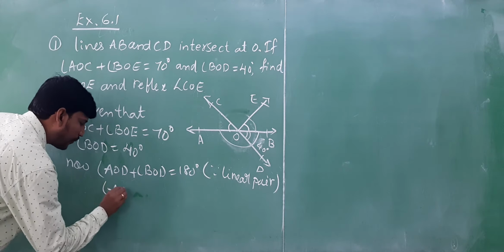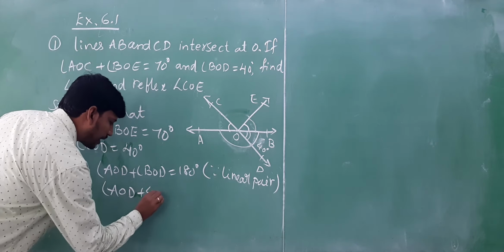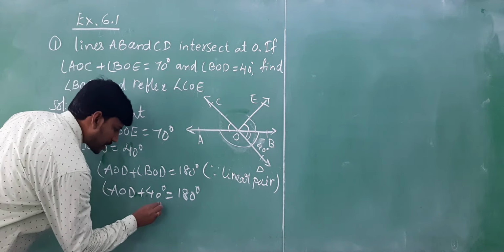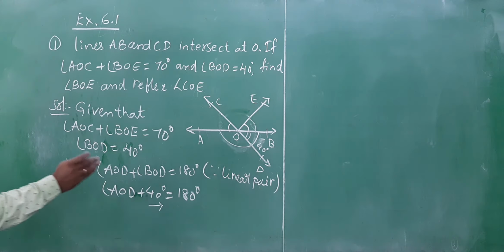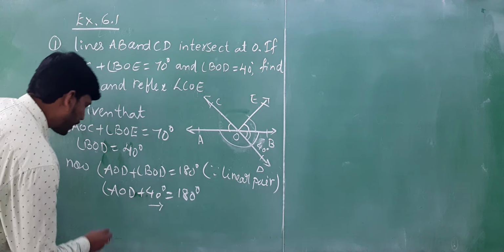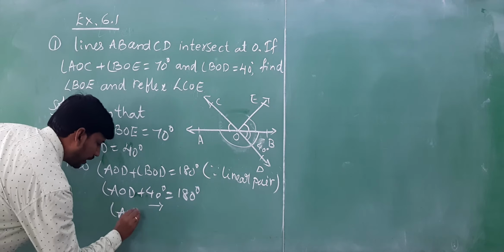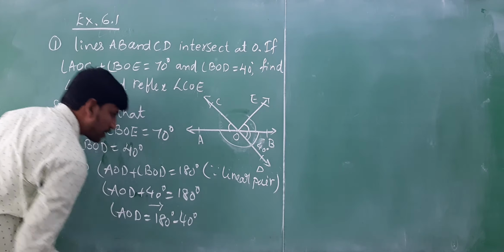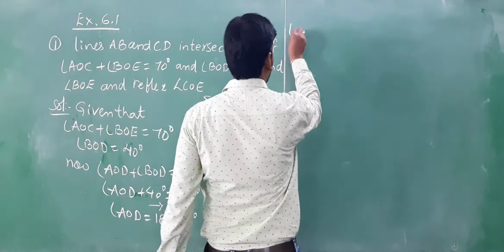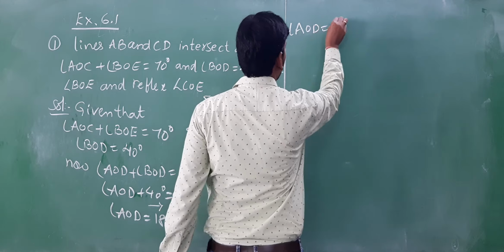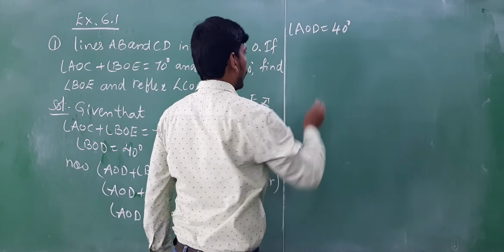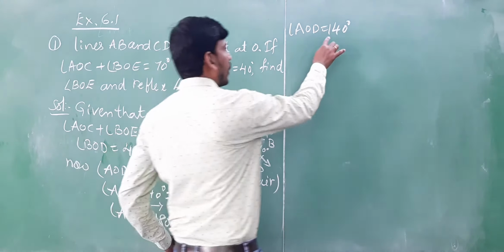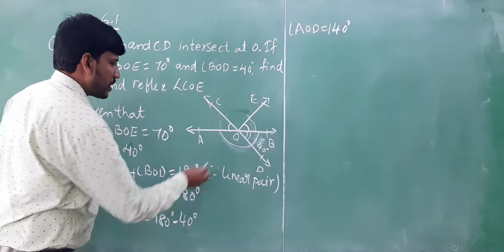So angle AOD plus 40 degrees is equal to 180 degrees. Now just transpose this value to the right hand side. You will get angle AOD is equal to 180 degrees minus 40, that is 140 degrees. So we got this is 140.